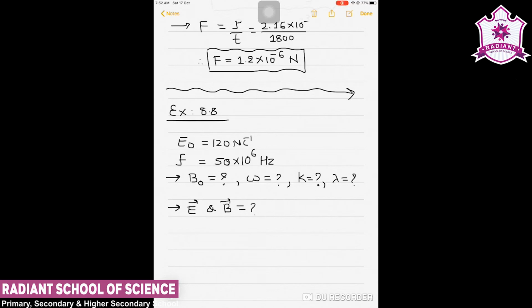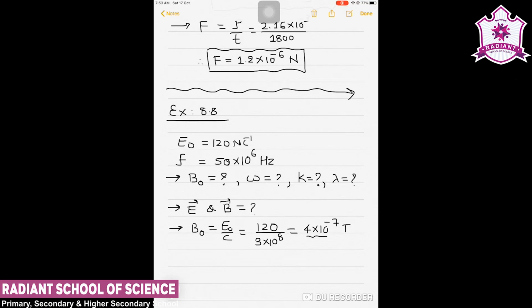First of all we write the given information. B0 is equal to E0 over C. E0 is given 120 and C is very well known, 3 into 10 raised to 8. So this value will be 4 into 10 raised to minus 7 Tesla. So first we get the magnetic field B0 as 4 into 10 raised to minus 7 Tesla.